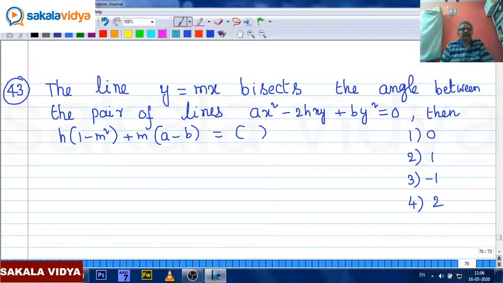So that means y is equal to mx bisects the angle between the pair of lines ax square minus 2hxy plus by square is equal to 0.